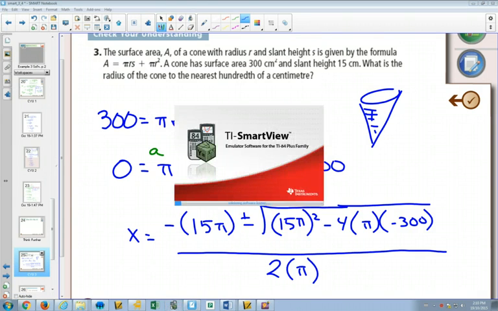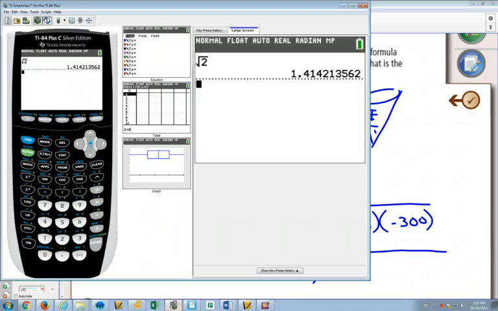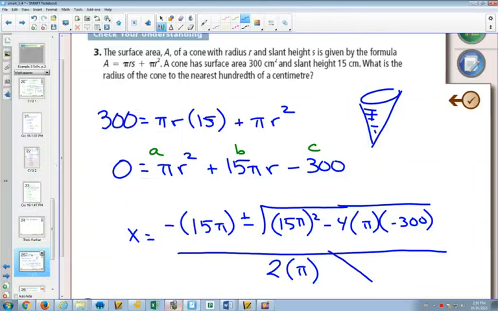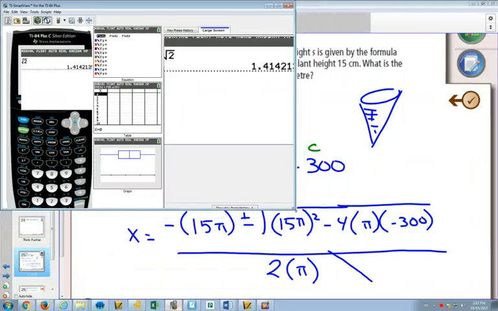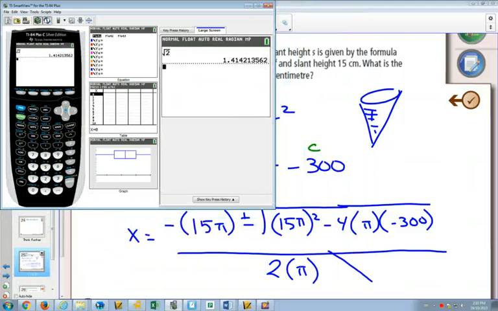The nice thing about your calculator, since it says to the nearest hundredth, we want to find out a value for this. So if I was going to my calculator to type this in, first thing I would do is try to push a button, but it's not working.